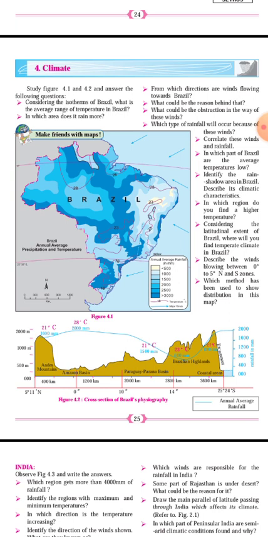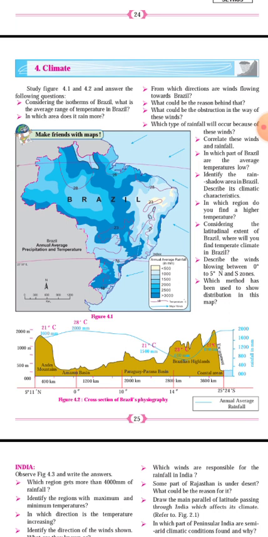So first we will see figure 4.1. Children, before I start, you know that rainfall for any country is very important. In India, we witness monsoon season or rainy season, which brings rainfall in our country.